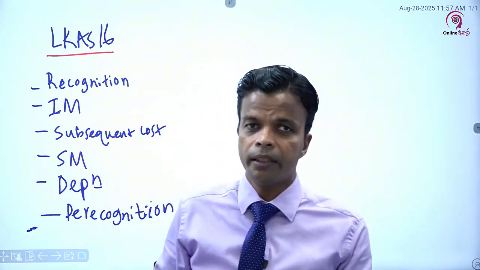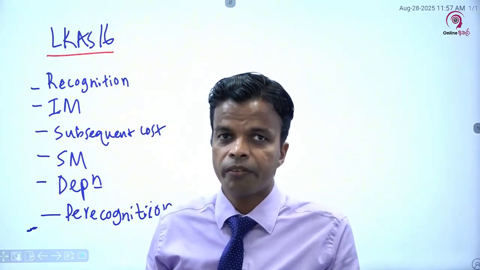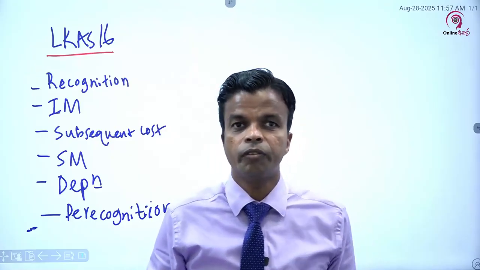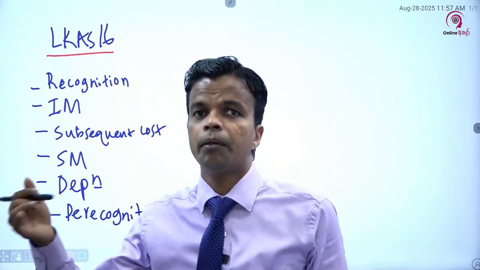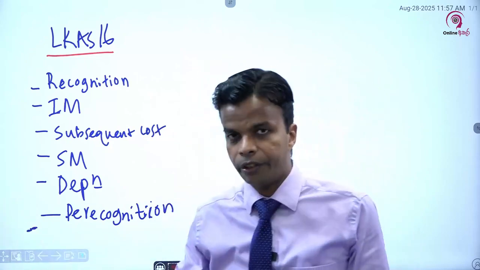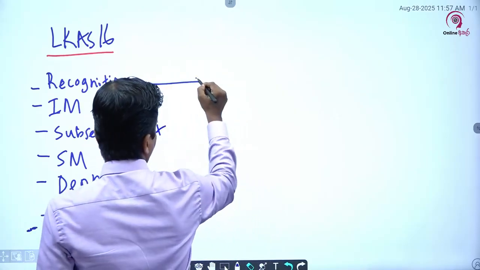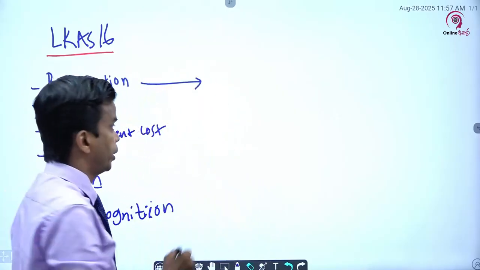Why I highlight the definition first. When you have been given a scenario, first ask whether this particular asset fulfills the definition, and then come to the recognition criteria. So there are two recognition criteria.